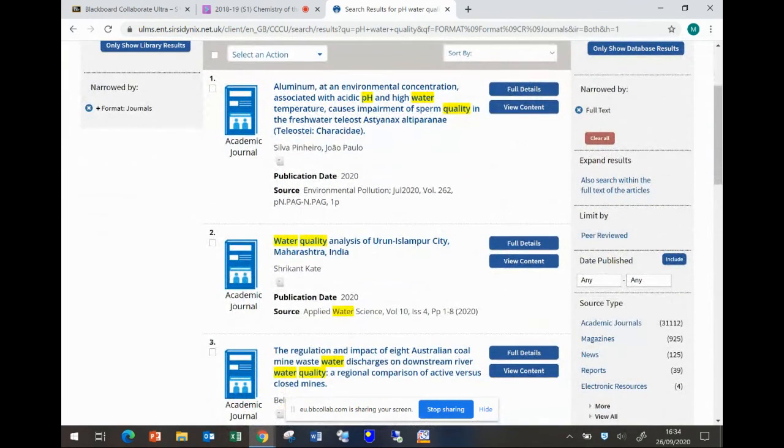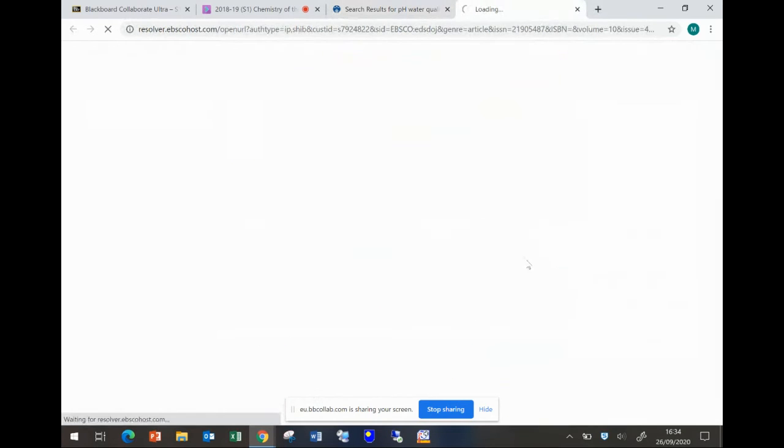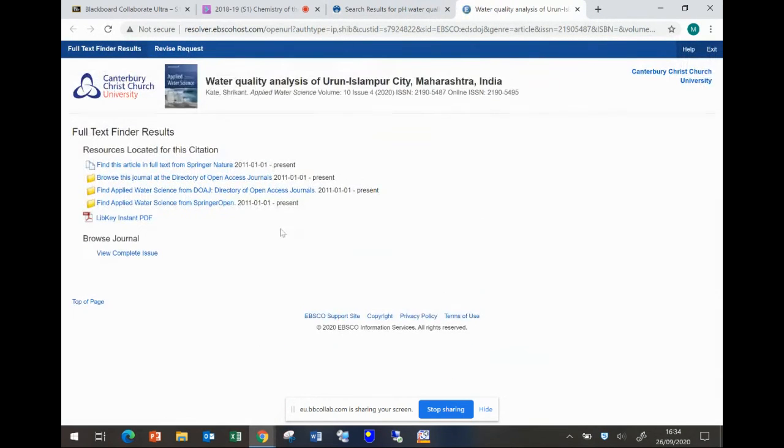Oh, that first one, aluminium and environmental concentration. Well, I didn't measure any aluminium, and it feels again I might really just have a look at what it's about, but I'm not really sure that is really related to what I've done. But water quality analysis in this area in India, that actually sounds like... and it's 2020.